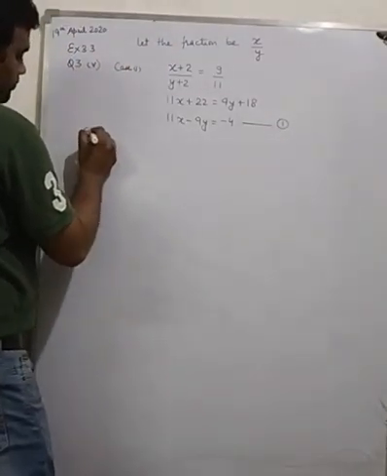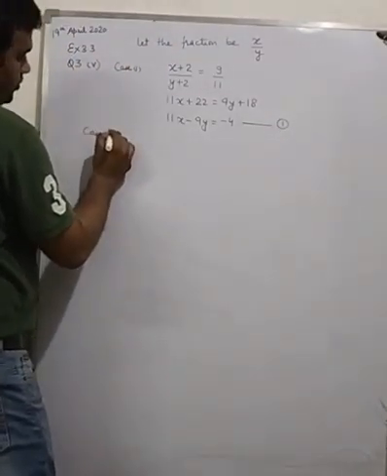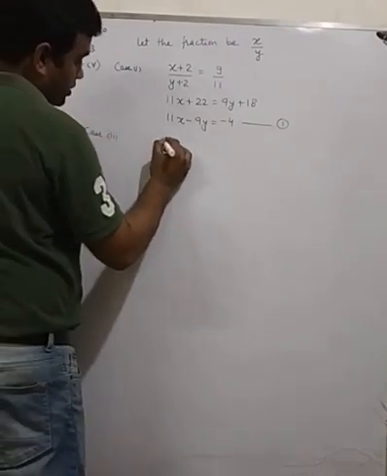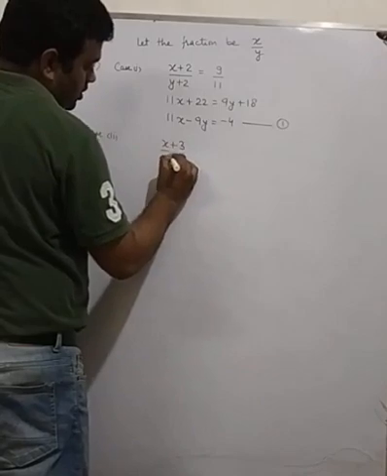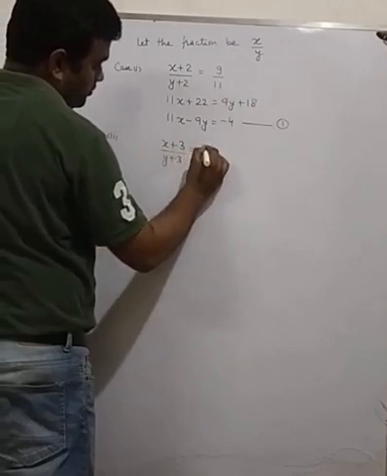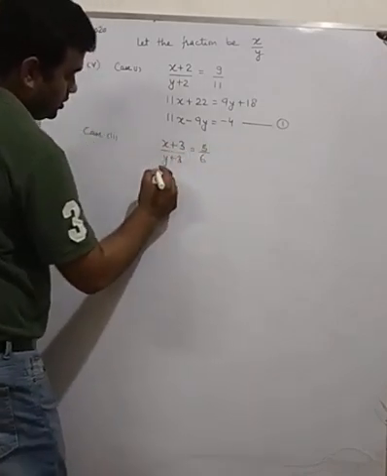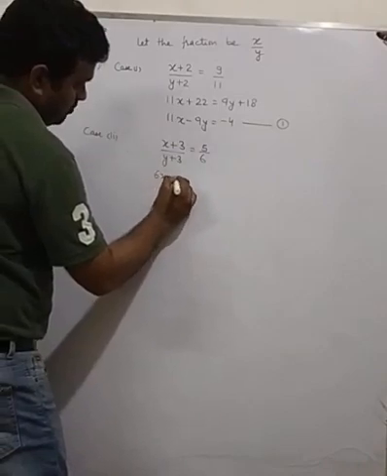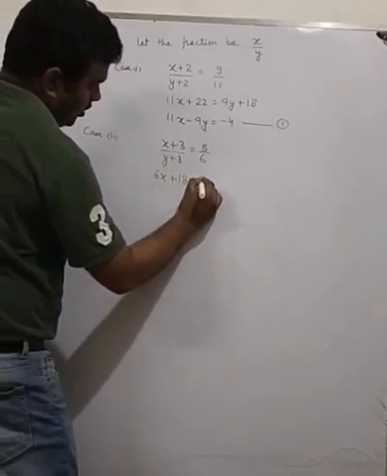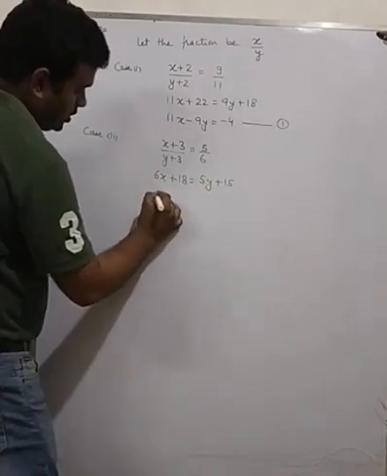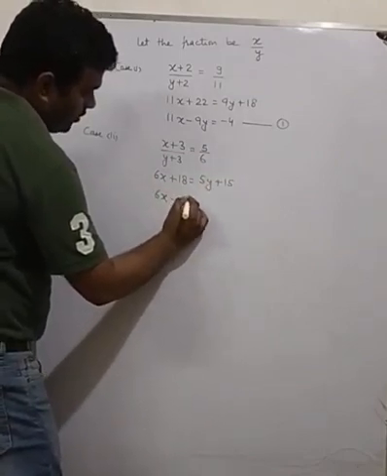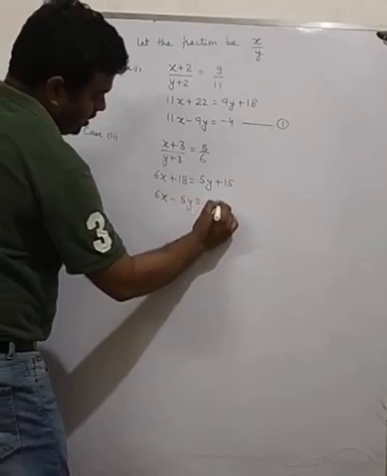Case 2 says it becomes 5 by 6 if 3 is added to both the numerator and the denominator. This is 6x plus 18 equals 5y plus 15, so 6x minus 5y equals minus 3.